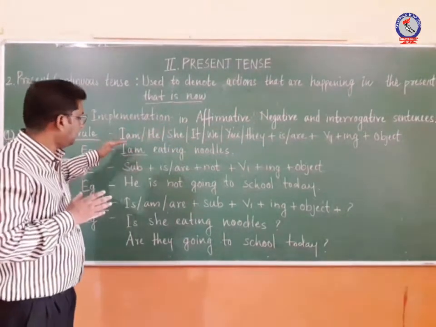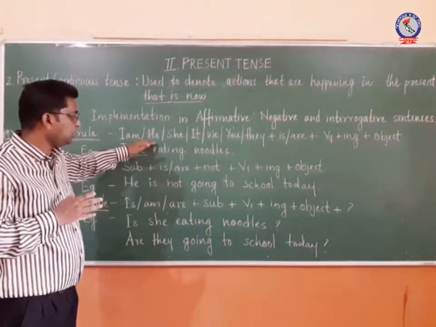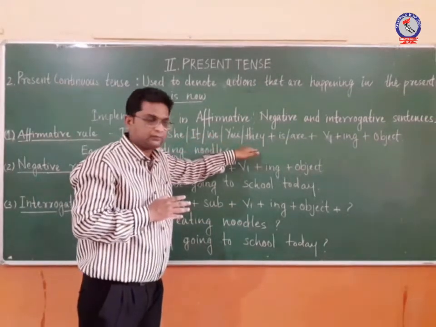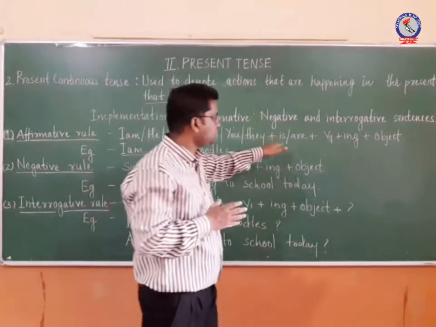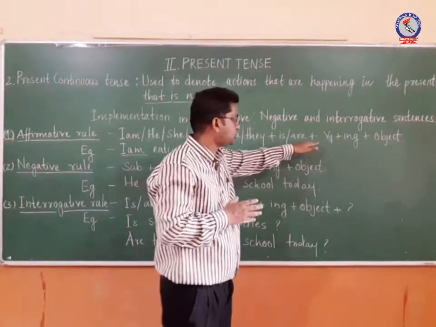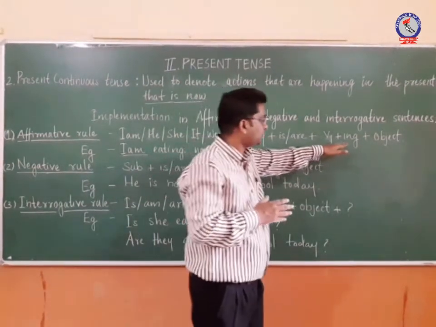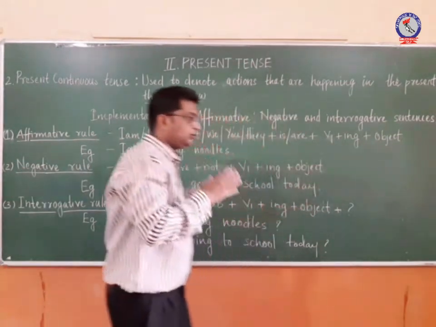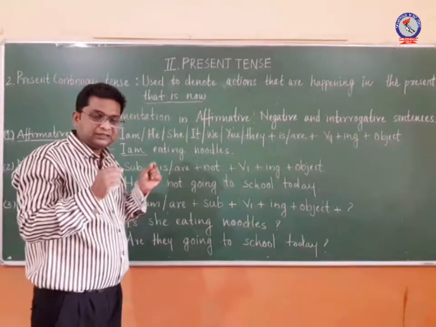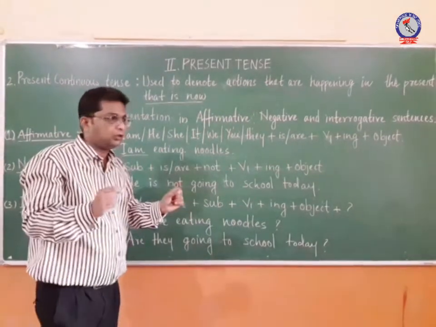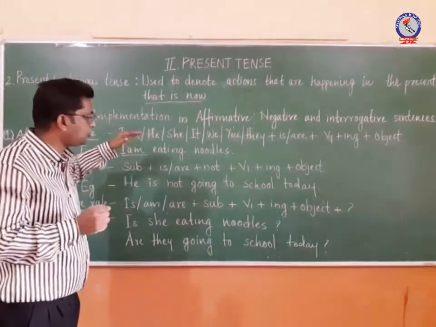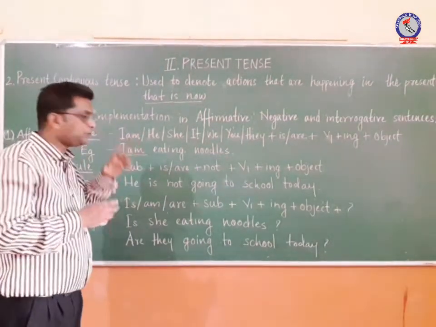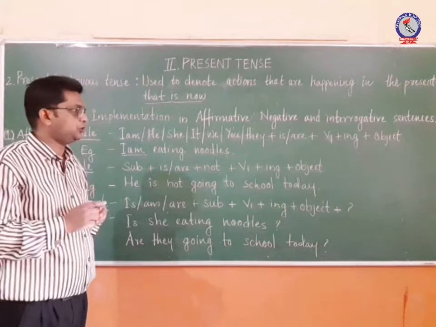So I am, he, she, it, we, you, they, plus is or are plus V1 plus ing plus object. The point here that you should always remember is that we will put all these subjects according to the first person, second person and third person.